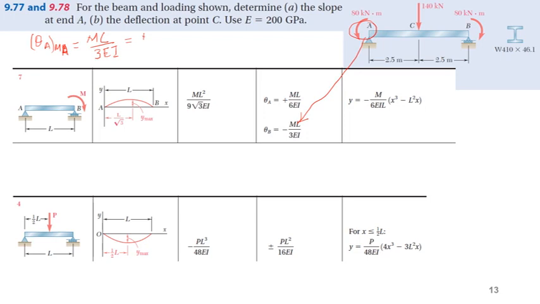So M is 80, length is 5, divided by 3EI, and if you calculate, that will become 133.33 over EI. And now the deflection will be the same, so due to moment A, the deflection will be the same, and that will be 125 times EI.